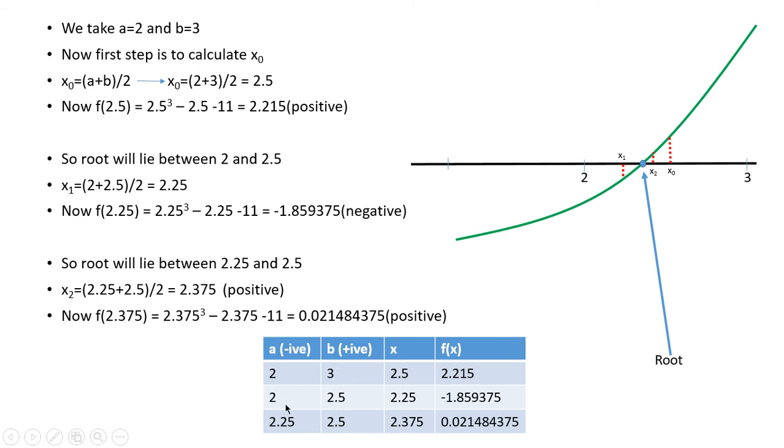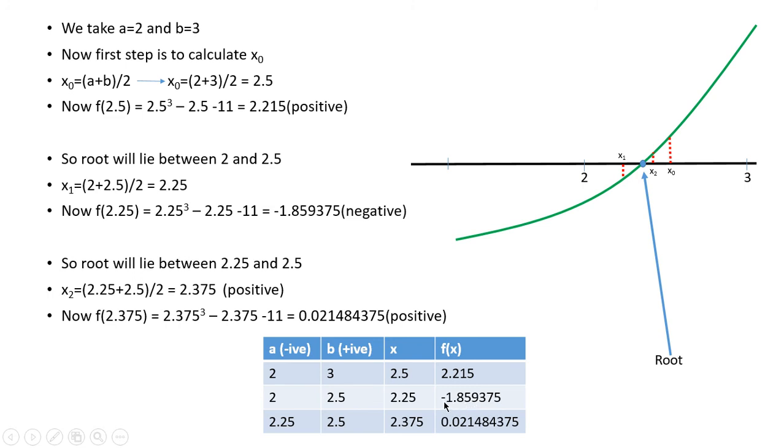Now you will repeat the same process, that is calculating the midpoint. You will calculate the midpoint of these two and write it in the box of x and put into f of x and calculate this value.